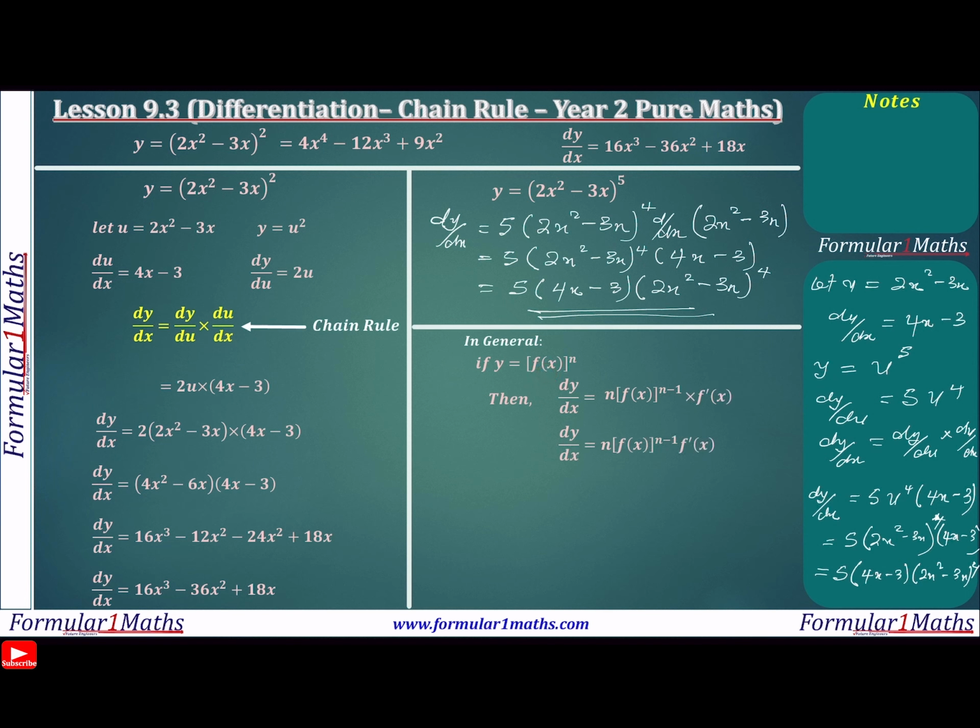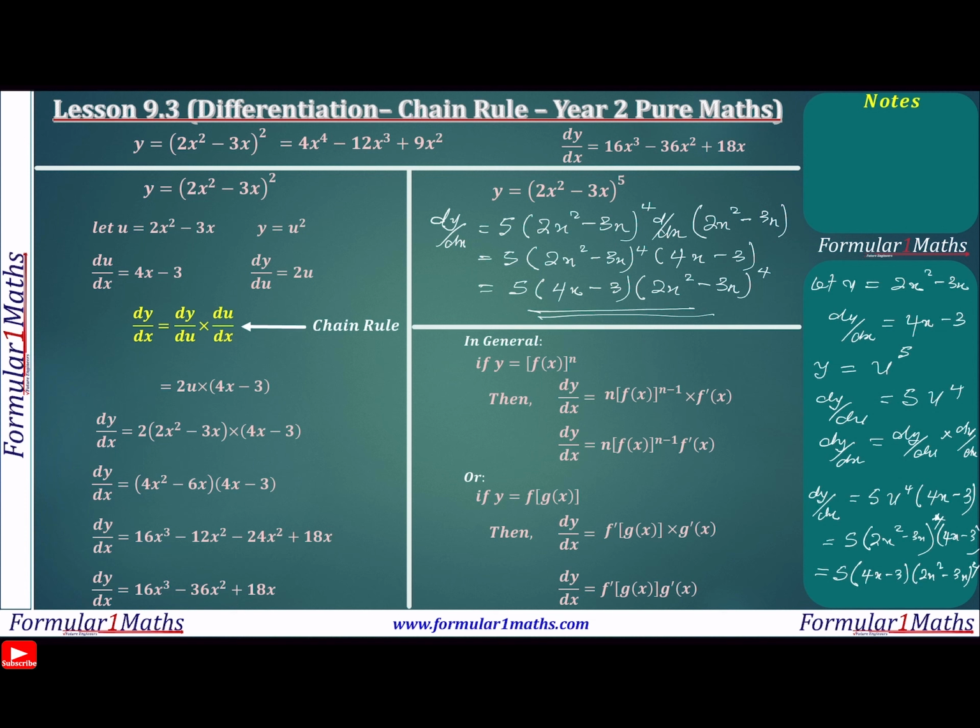And simplifying will give you this. Or if y is equal to f of this function, then dy dx will be differentiate the whole function, which will give you this, and then multiply that by the derivative of what is inside the bracket. That will give you this, and then when you simplify it, you get this. So that is the chain rule of differentiation.